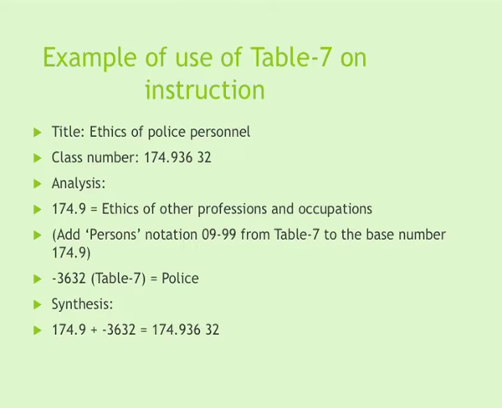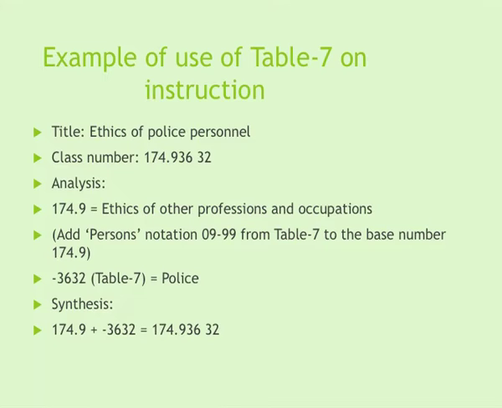Another example, ethics of police personnel. Same here, we analyze the title first and we find the basic subject is ethics. Ethics is the basic subject. We find the number for ethics, 174.9, ethics of professions and occupations. Here we find the instruction, add persons notation from table 7 to this base number 174.9.